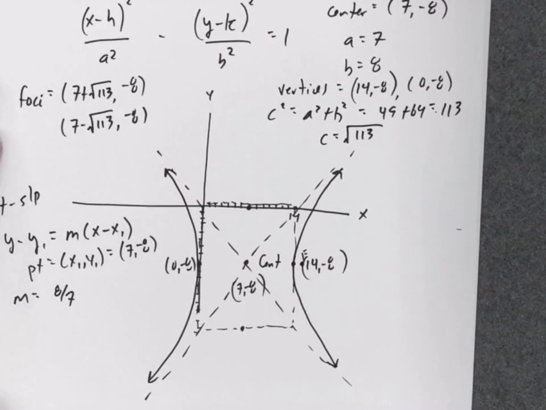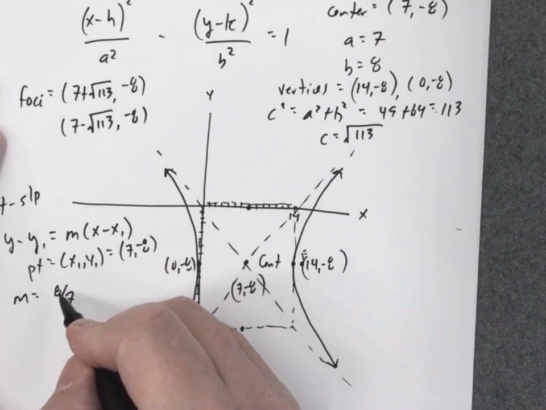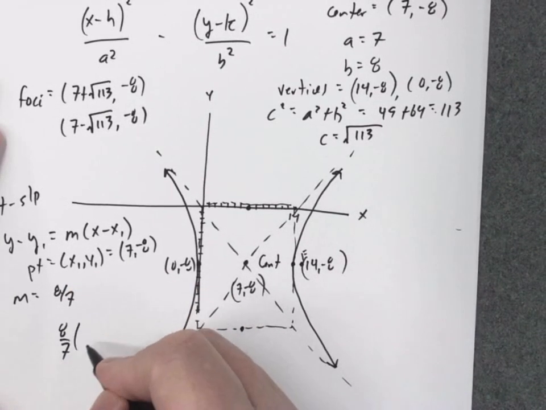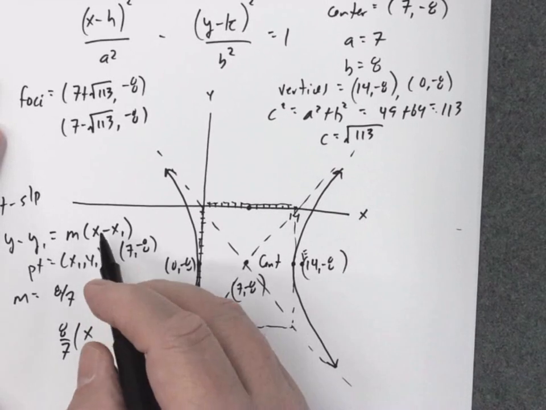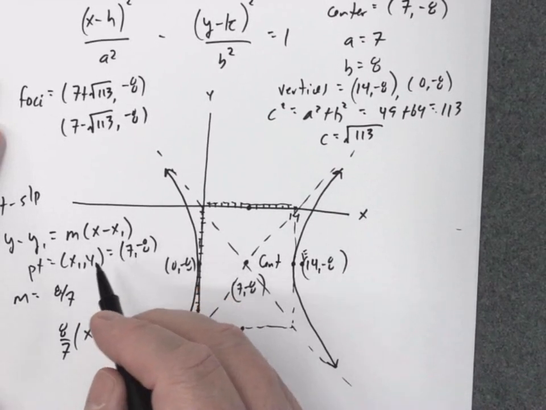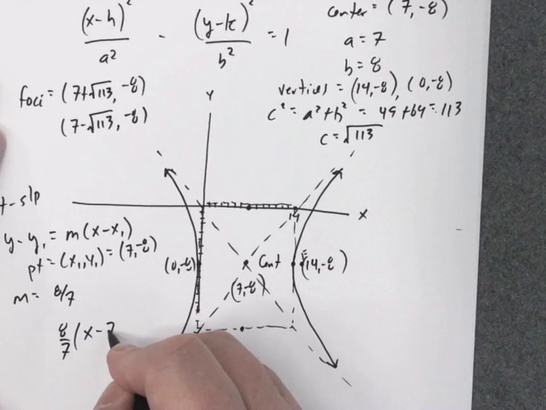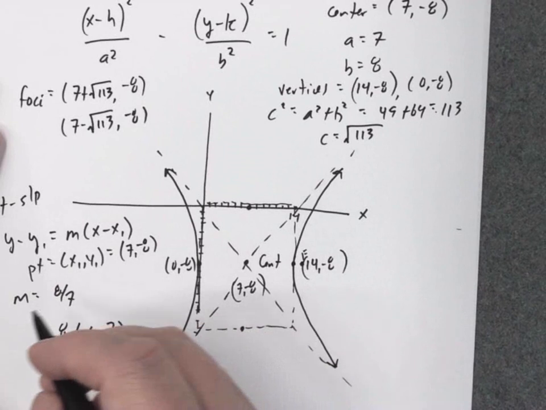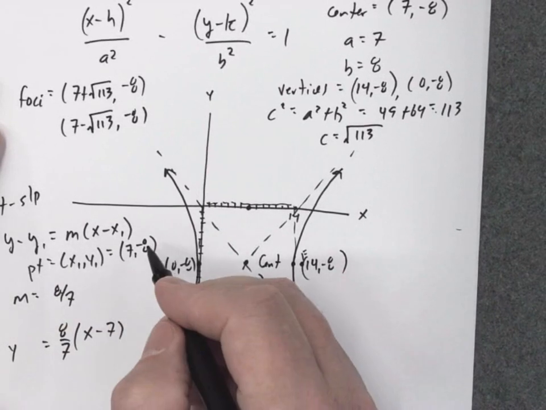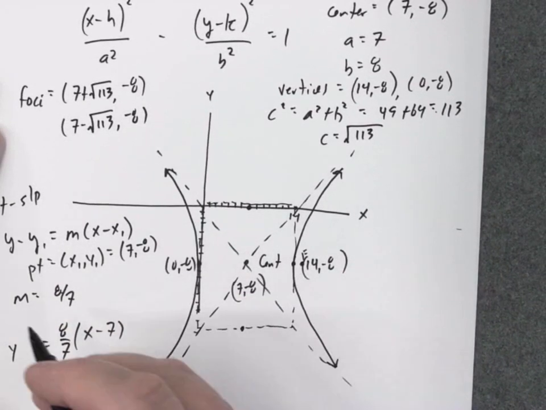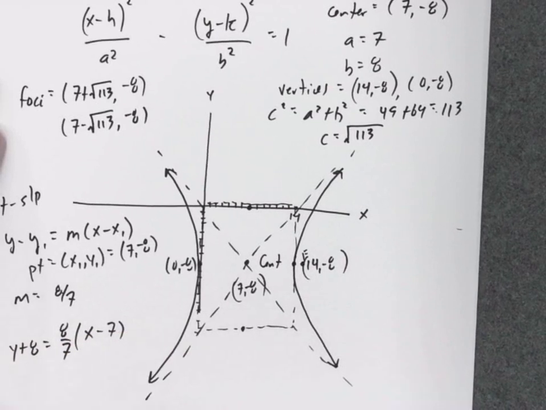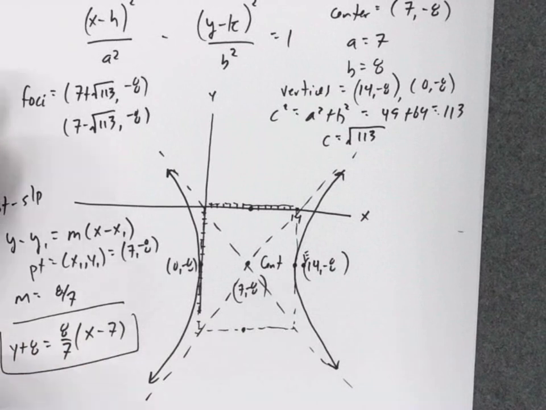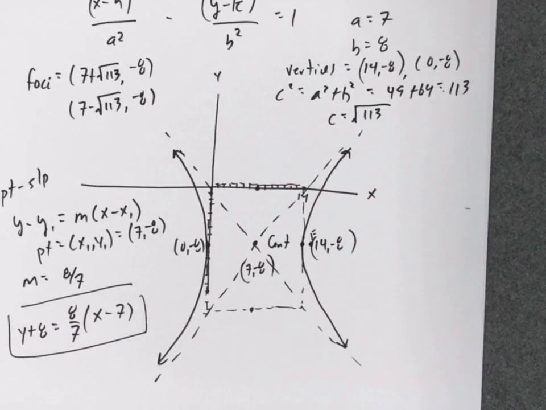So now I can plug in 8/7 for my slope. I plug in 8, and x of my point is 7. Y minus y1, y of my point is -8, so if you subtract it, it's like adding it. And when I looked, they're okay with this equation right here.